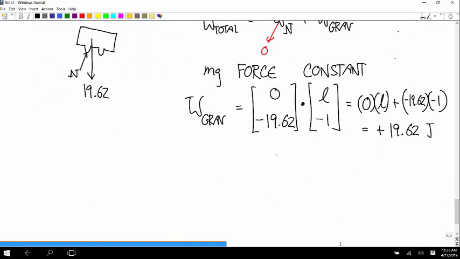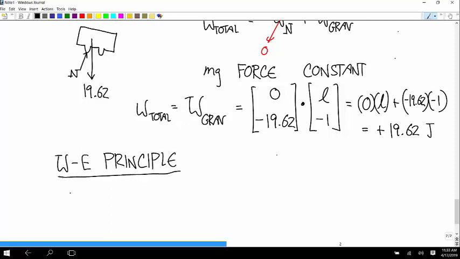So this is equal to the total work. And then the work energy principle says the total work of 19.62 is equal to the change in kinetic energy.